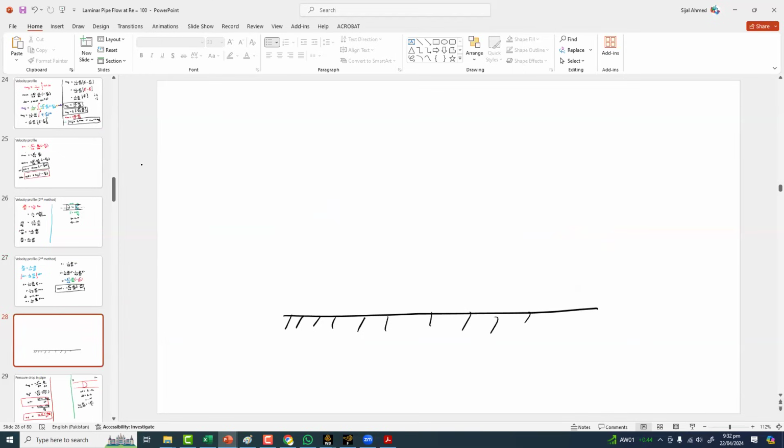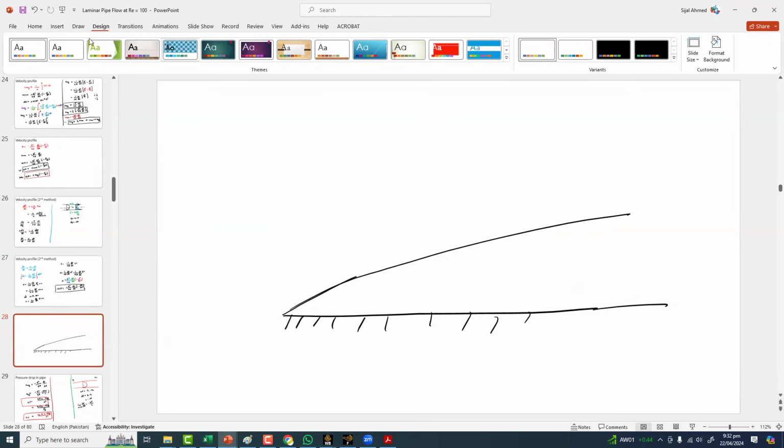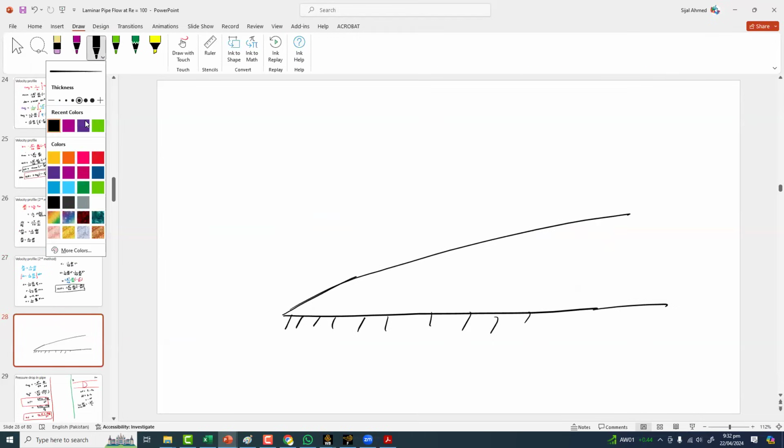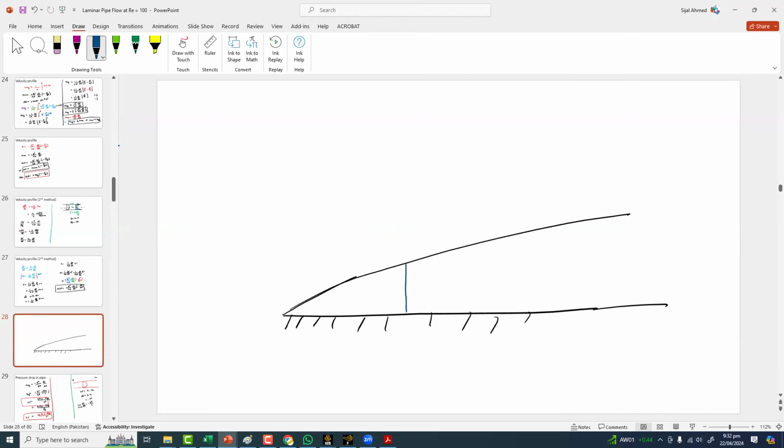At every location, the boundary layer will be thickening, going in this way. This is how the boundary layer develops over the wall surface of a simple flat plate. At every location, you will see this velocity profile, with variation along the y-axis.